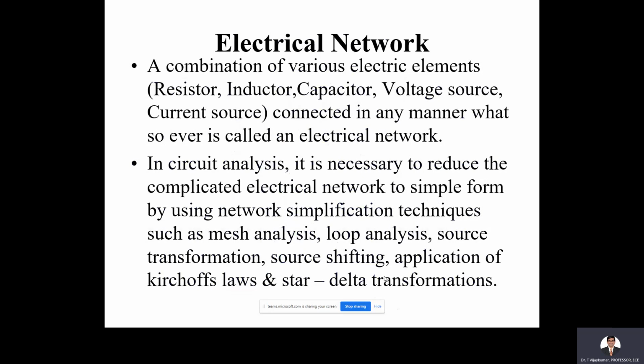What is meant by an electrical network? An electrical network is a combination of various elements like a resistor, inductor, capacitor, voltage source, and a current source connected in any manner.